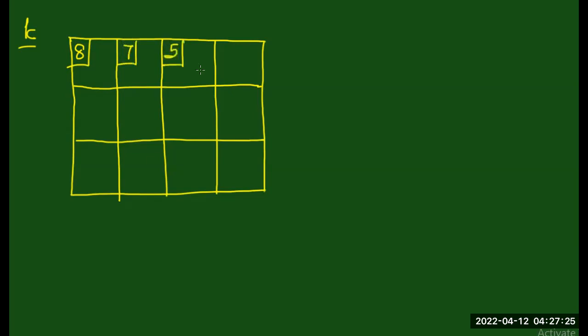Where's the black one? And there is 2. 5. 2. 1. 3. 12. 4. 3.